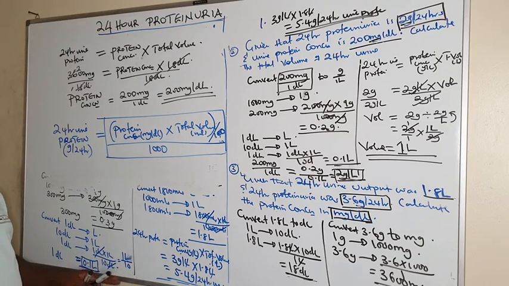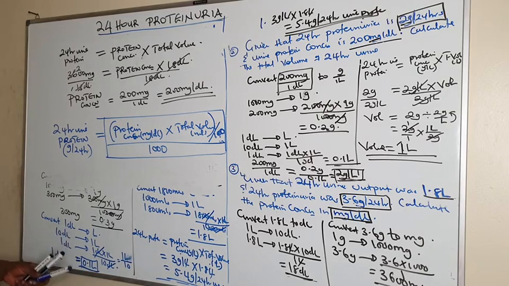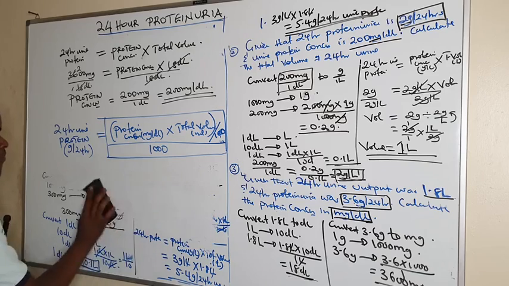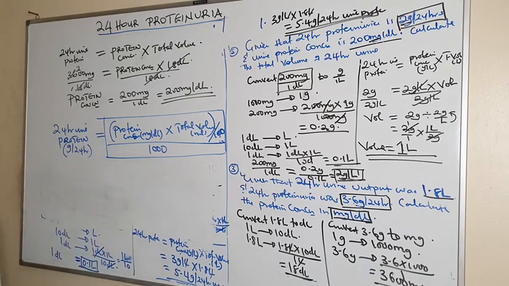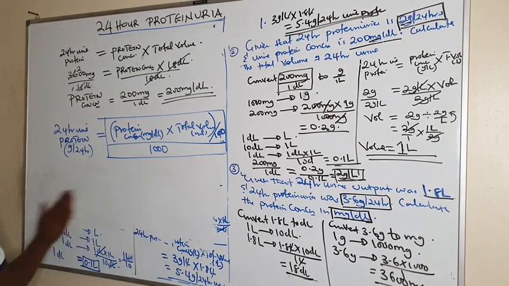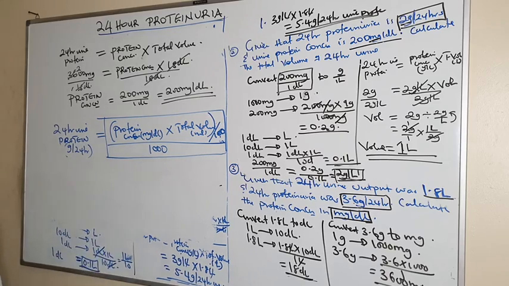The way we had it here, I can easily use these figures from number 1, whereby we had 1,800 and we also had 300 milligrams per deciliter. If I use this method, which is a shortcut but does not give you the full understanding, first principles is the best.